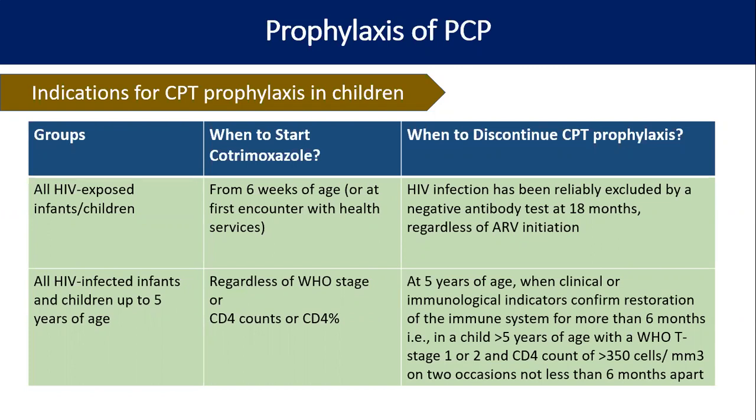And at 5 years, when the clinical or immunological indicators confirm restoration of the immune system for more than 6 months, that is, in a child of more than 5 years of age with a WHO stage 1 or 2 condition and CD4 count of more than 350 cells per cubic millimeter on 2 occasions, not less than 6 months apart.